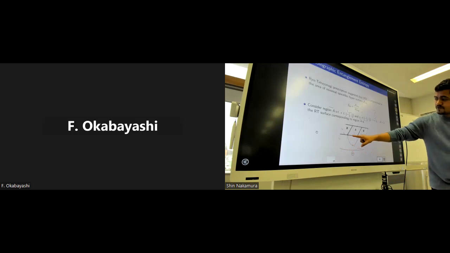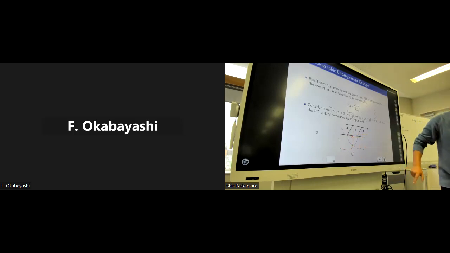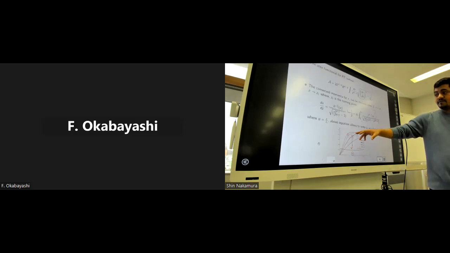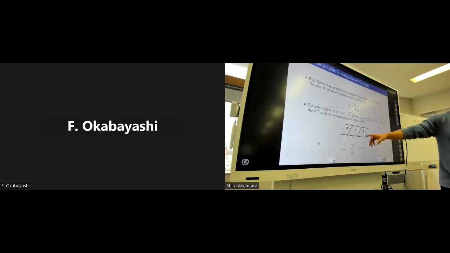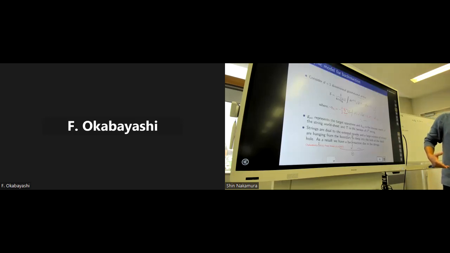If you take a very small region, then it will be like this. So this turning point is very far from the horizon. And if this region is very big, then this surface will move very close to the horizon. So that's how I can define my high temperature and low temperature limits here.